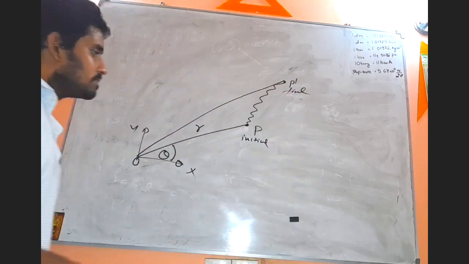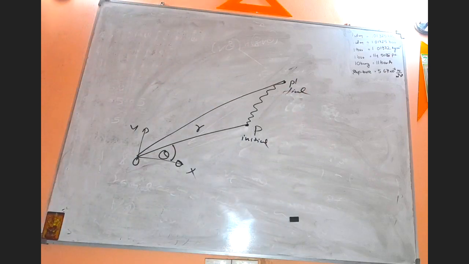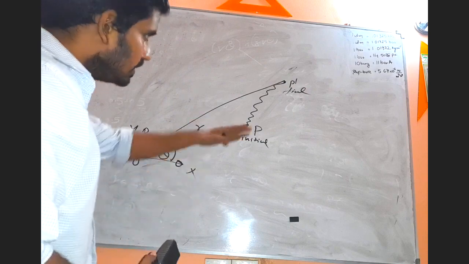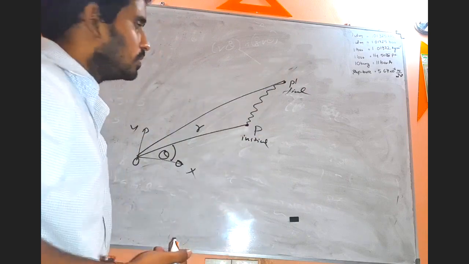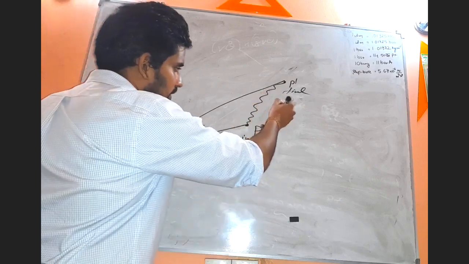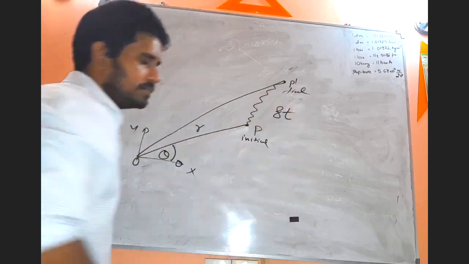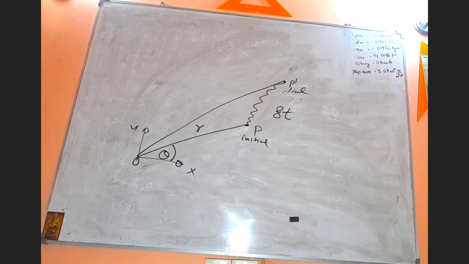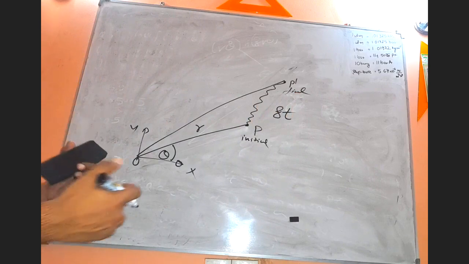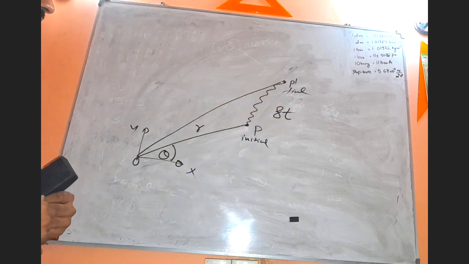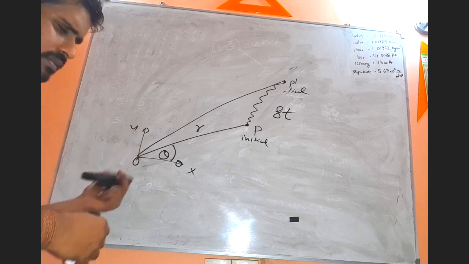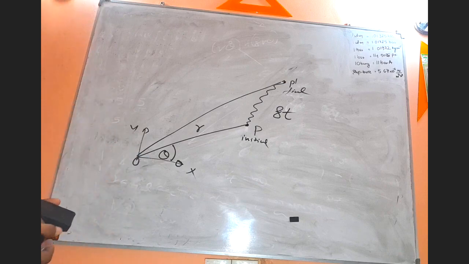Now this particle moves from here to here within a time gap, or within delta t period of time. And here you can see there is an increment in this radial distance, or let's call it the displacement.